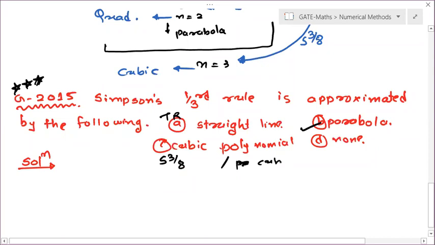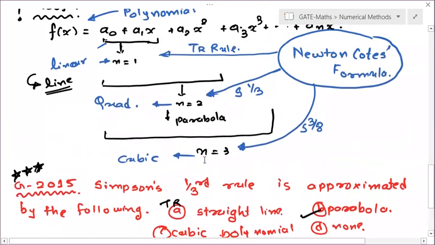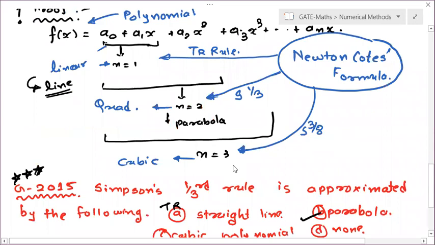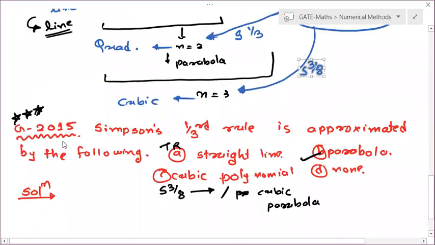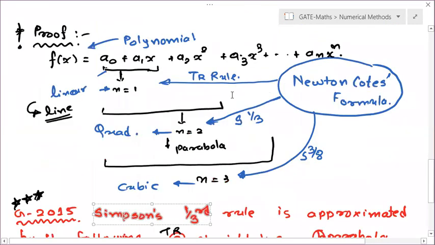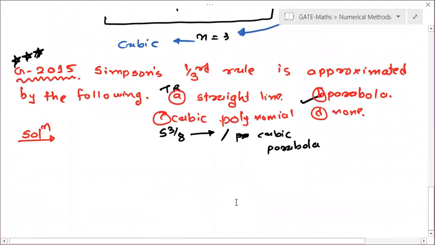Why not option C? For option C, n equal to 3, that is cubic, and for cubic we get Simpson's 3/8 rule. In the question, they are asking about Simpson's 1/3 rule, which is only for a parabola. Is it clear now?